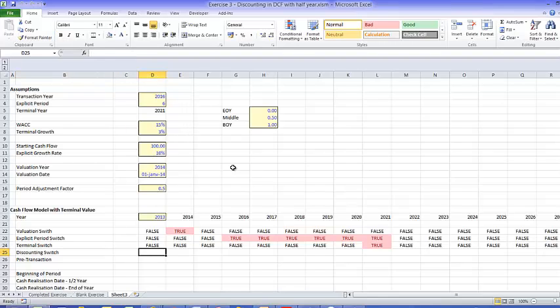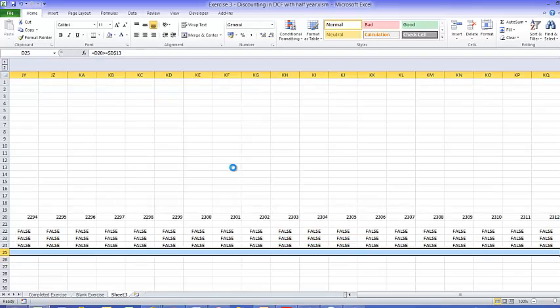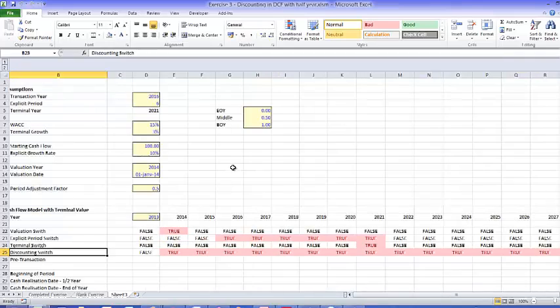Now the discounting switch: we just take this year, and when it is greater than or equal to the valuation period, because we want to bring all of these cash flows back to that period.